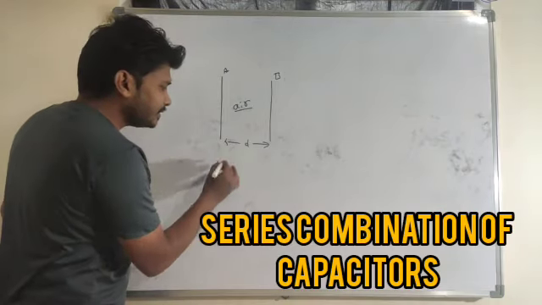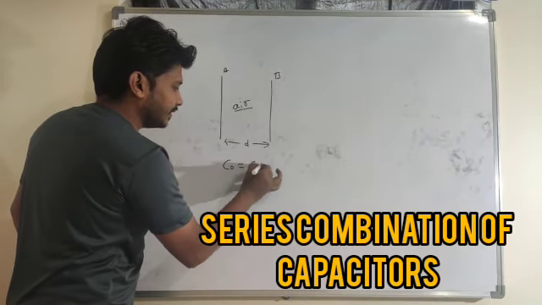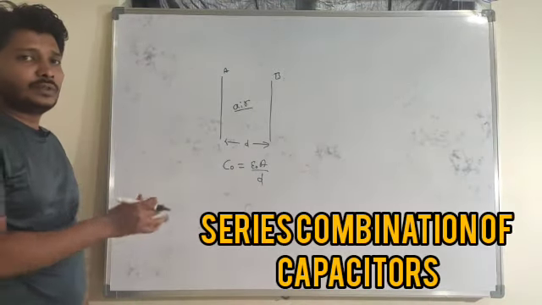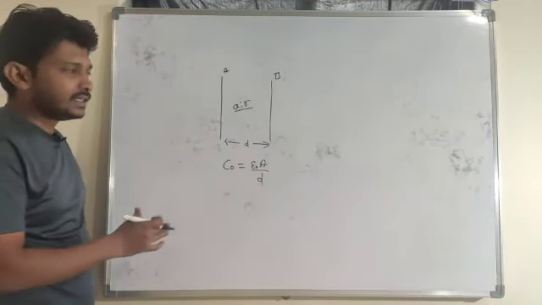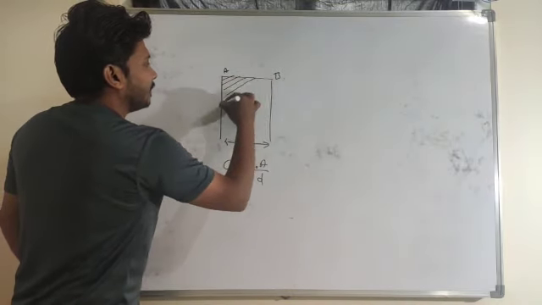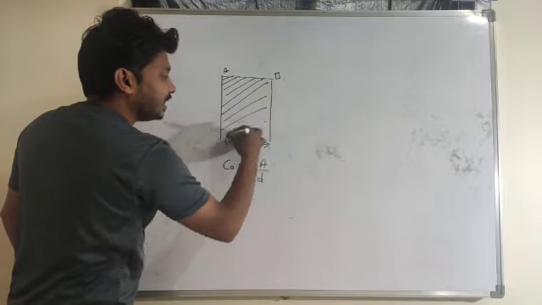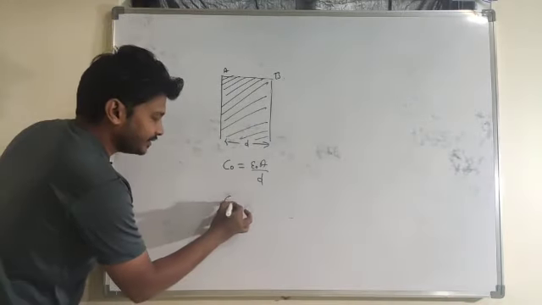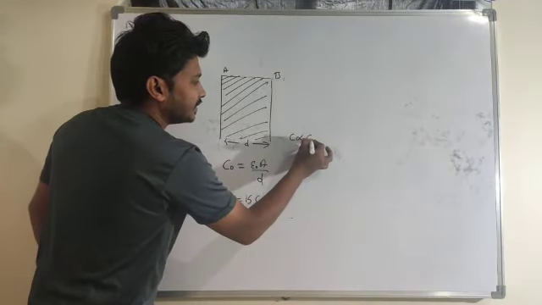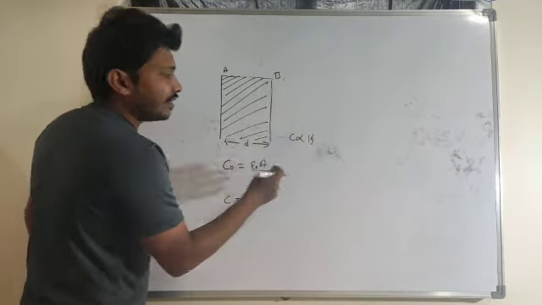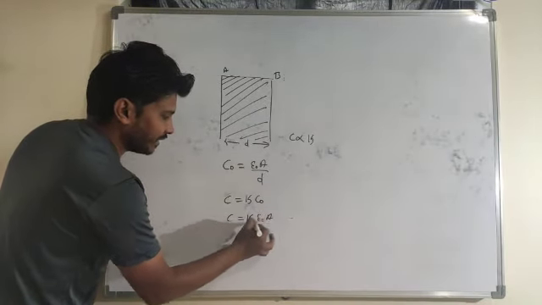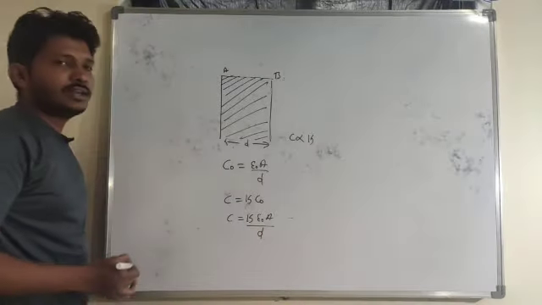In this situation, the capacitance value C naught is equal to epsilon naught into A divided by D. If the dielectric medium is completely filled between these two plates, then its value changes to C is equal to K into C naught. It means the capacitance value increases after placing the dielectric medium. I shall rewrite this equation as K into epsilon naught A divided by D.